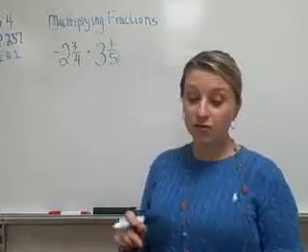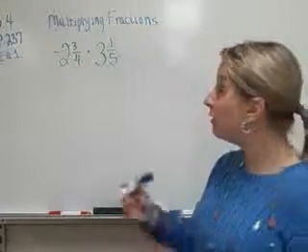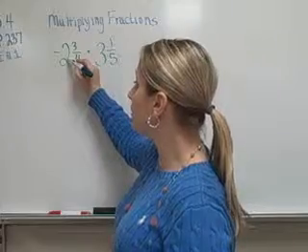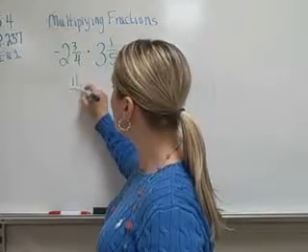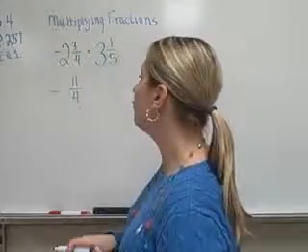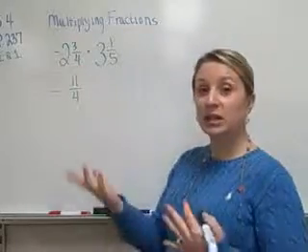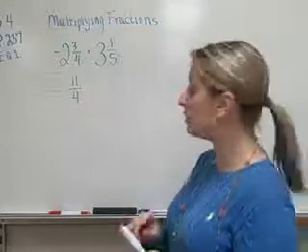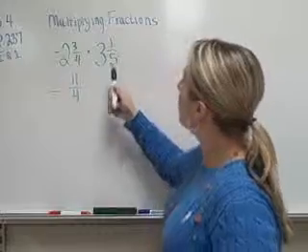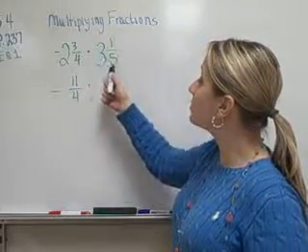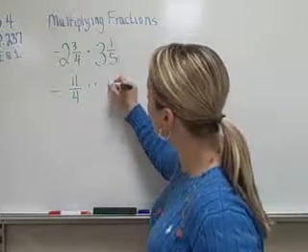The first thing I would do is to make them improper. So 4 times 2 is 8, plus 3 is 11/4, and that's negative. You should know how to make them improper because we've been practicing that for the last week or so. 5 times 3 is 15, plus 1 is 16/5.